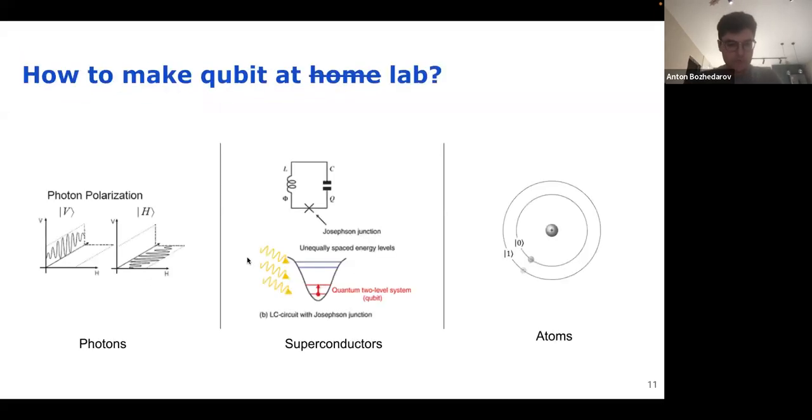So how we could make qubits in the lab, there are different platforms like photons, superconductors, atoms, ions that build and interact. We could use some structure of some crystalline materials, etc. So there are a lot of ways.